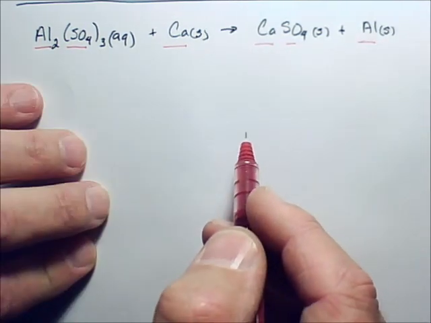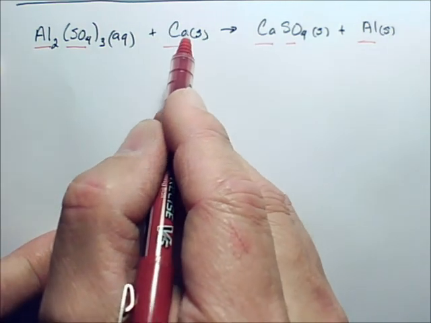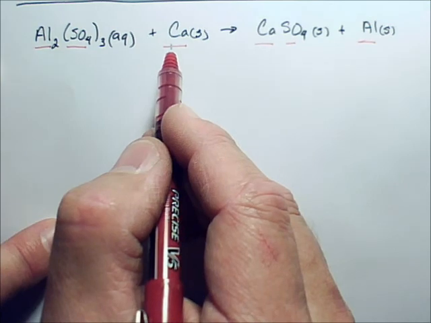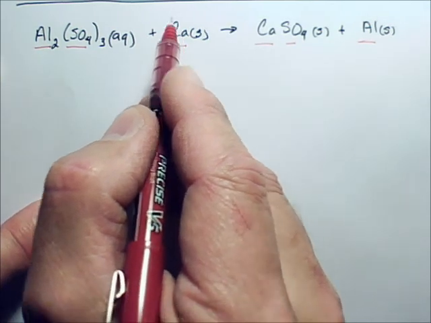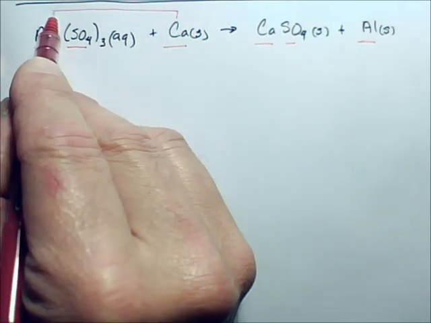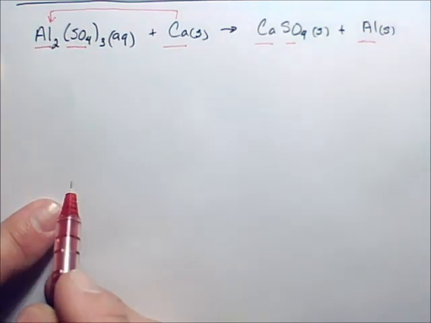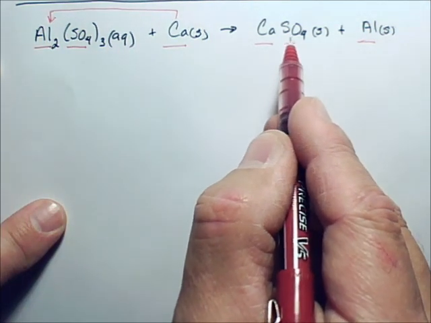So here's what we have. We have a 1-part compound here, or it's not even a compound. It's an element. And it goes in and is going to kick out aluminum and join up with a sulfate. And we get this right here.